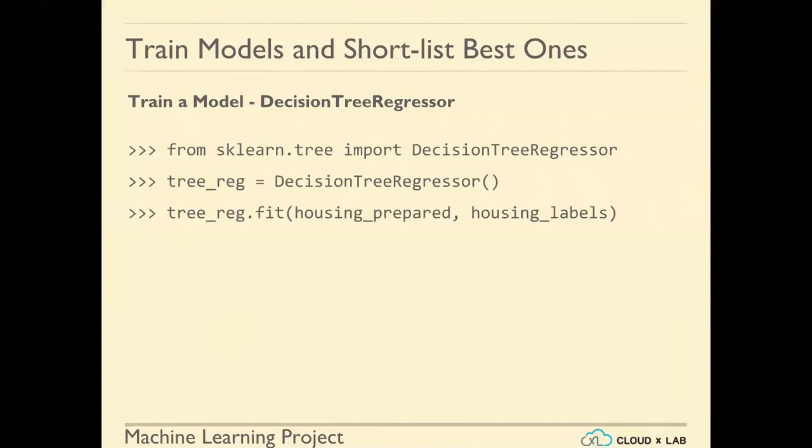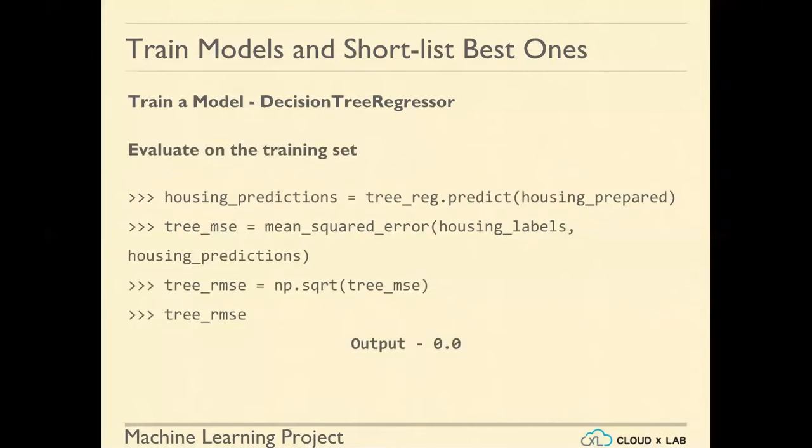Now, going ahead, here what we are doing is fitting the model. We've already done this part. So we did the decision tree fitting, and then we are predicting based on that. So here the outcome is 0. The root mean square error is 0 because we are predicting on the same data. Now this is overfitting.